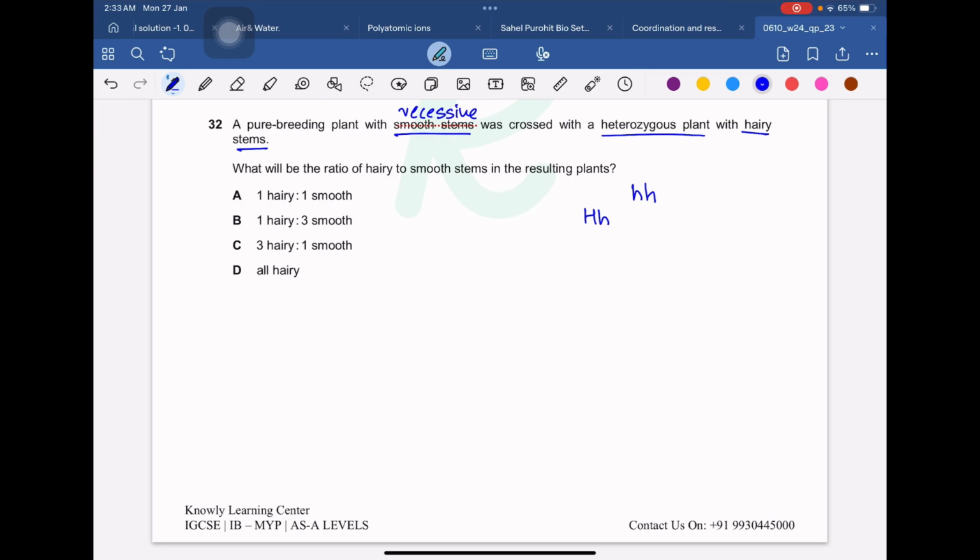Let us see the cross and see what results we get. We will get 50% of the plants hairy and 50% of the plants with smooth stems. So that's why the answer for this will be A, that is 1:1.